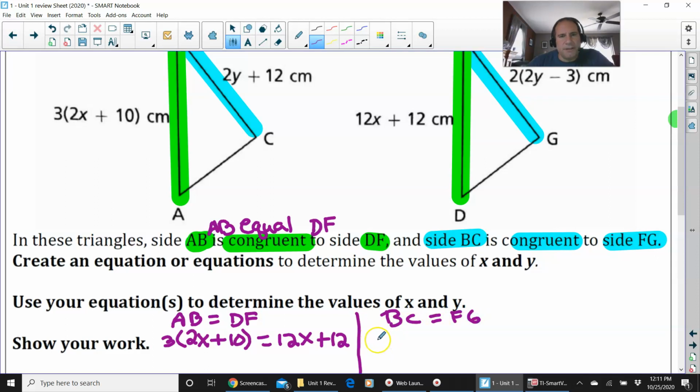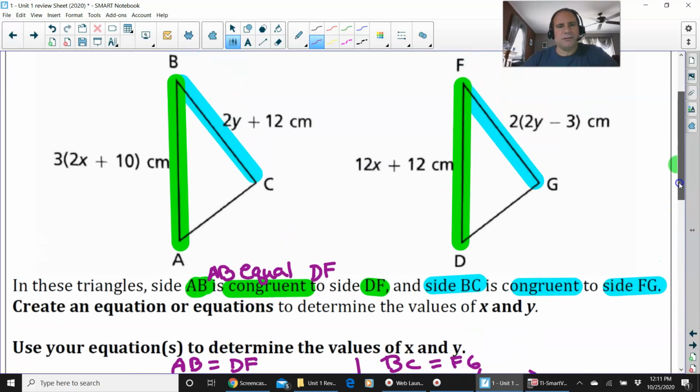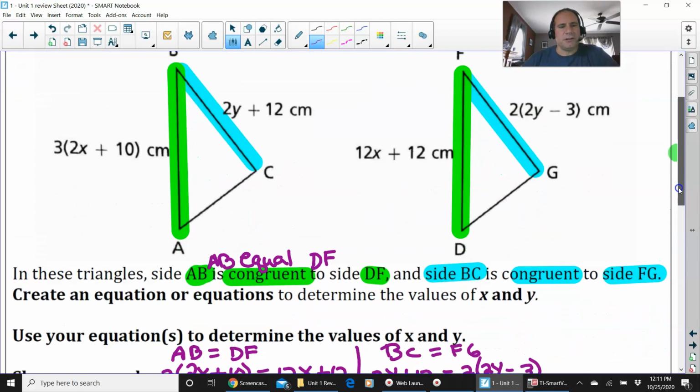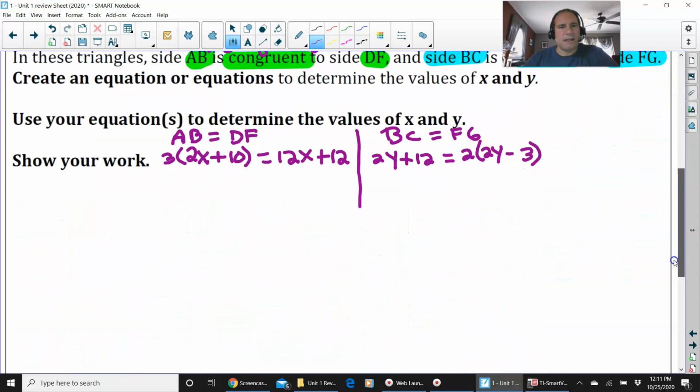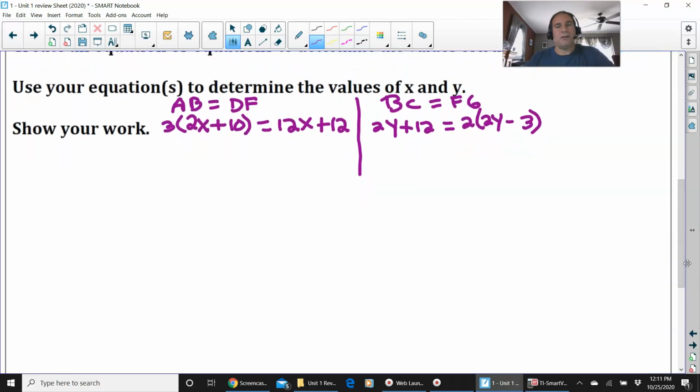And I'm going to put BC's expression down. 2y plus 12 is equal to FG expression, just like that. All right, so when they say that they're equal to each other, or congruent, then just put them equal. And now this part right there on the bottom, you have to solve both of those equations. So go ahead and solve both of those equations, press pause, and we'll come back and review.